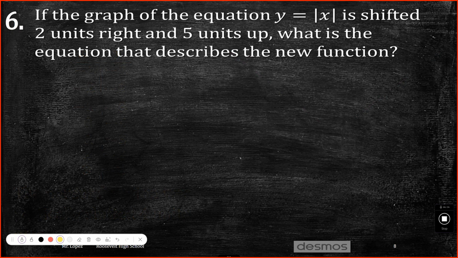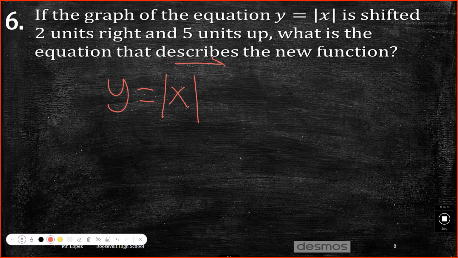Problem 6. If the graph of the equation y equals absolute value of x is shifted 2 units to the right, 5 units up, what is the equation that describes the new function? So you got this parent function, y is equal to absolute value of x, and they're saying that if we shift it 2 units to the right, that means a horizontal shift.